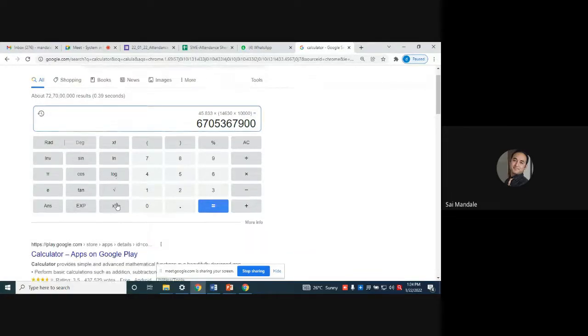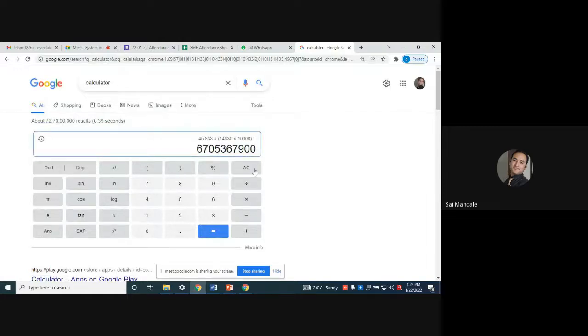Let me do it once again. 45.833 into 14630 into 1000. 1, 2, 3. 6 point, then 1 2 3 4 5 6 7 8, so 6.7 into 10 raised to 8, or 670.53 something into 10 raised to 6.